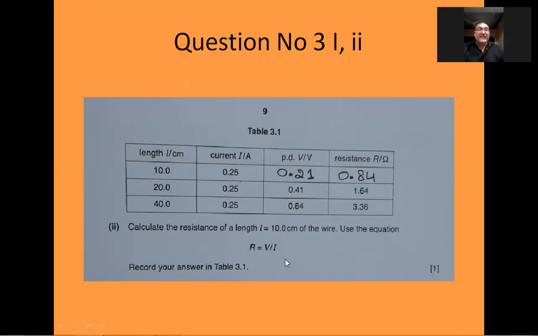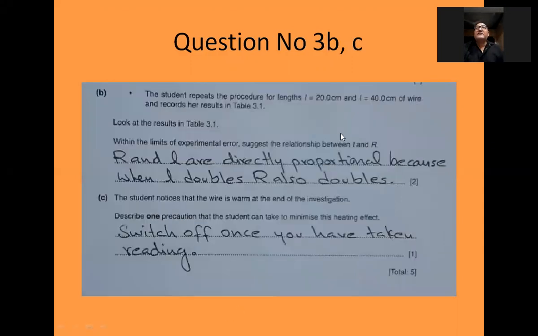So let's move to the next part. The student repeats the procedure for the length of 20 centimeter and 40 centimeter wire and records her results in table 3.1. Look at the results in the table: within the limit of experimental error, what does it suggest about the relationship between L and R?